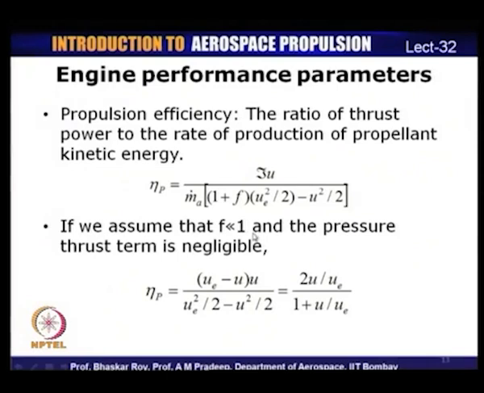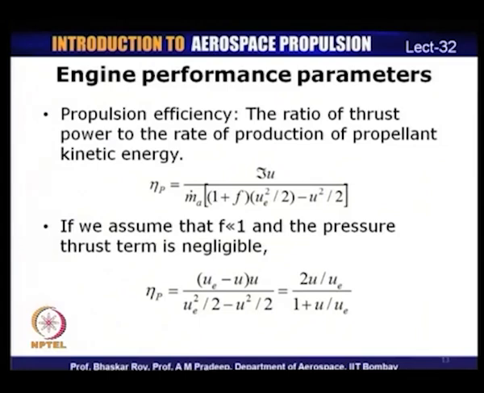Let us assume that the fuel-to-air ratio f is much less than 1, which is true for air breathing engines, and also that the pressure thrust term can be neglected, that is, the second term in the thrust equation is equal to 0.